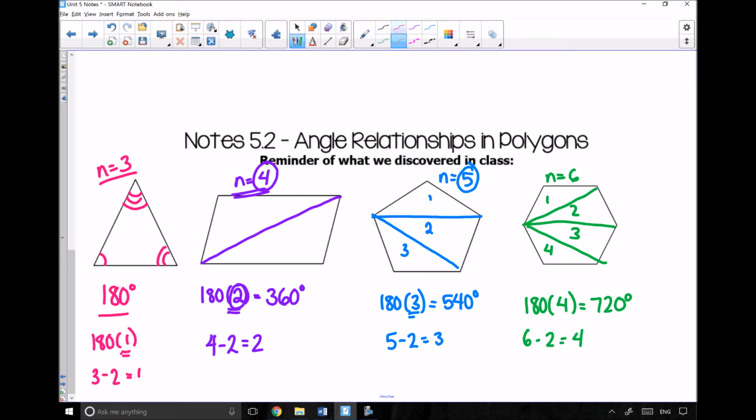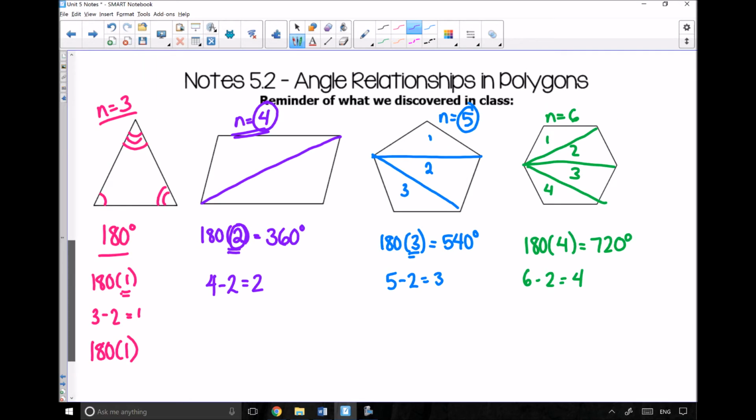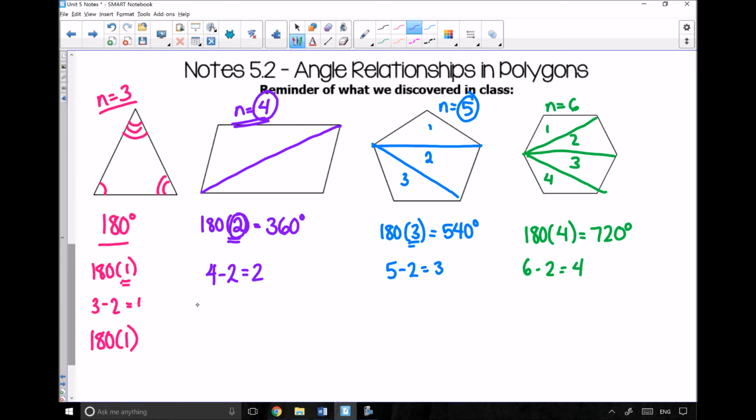So, therefore, we can say right here that for our triangle, it's 180 times 1. For our quadrilateral, it's going to be 180 times 2, right? For our pentagon, it was 180 times 3. And then for our hexagon, it was 180 times 4.